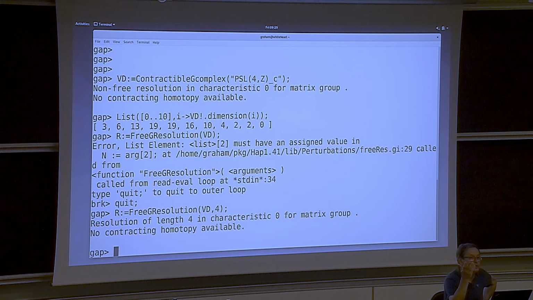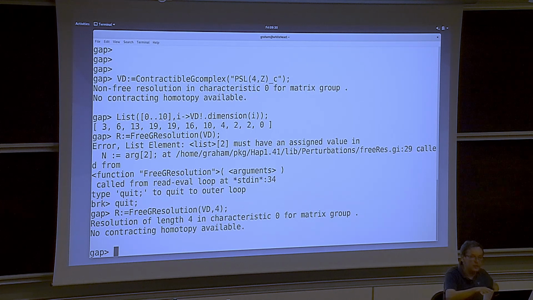If you have a module and you want to tensor with a module, you can implement that as a functor, or if you want a Hom to a module, you can implement that too. There were questions in the chat yesterday about what happens if you have cohomology with different modules.